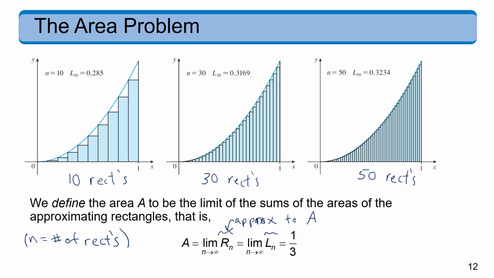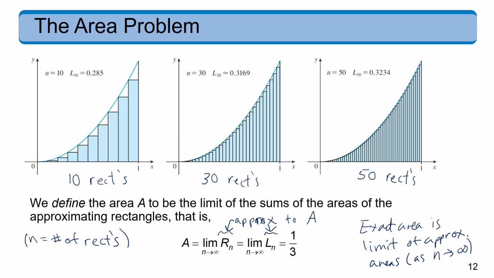Okay, so Rn and Ln are just approximations, but when we take the limit, that becomes the exact area, right? So the exact area is the limit of our approximate areas. And the limit is as the number of rectangles goes to infinity.